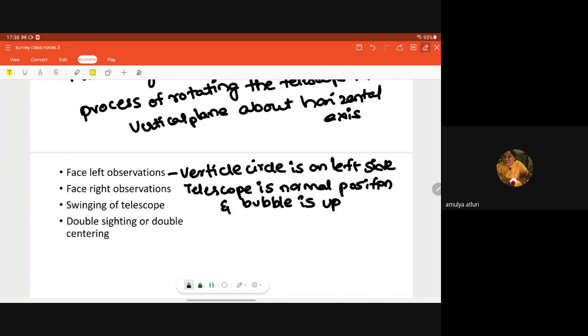Next, what is face right? When the vertical circle is to the right side of the observer, then the observations made are called face right observations.